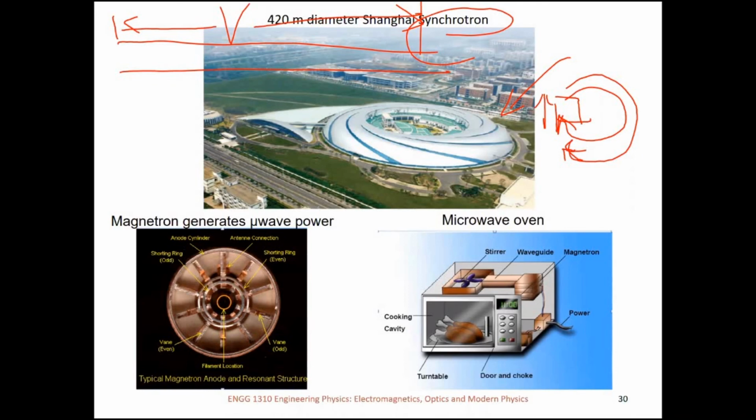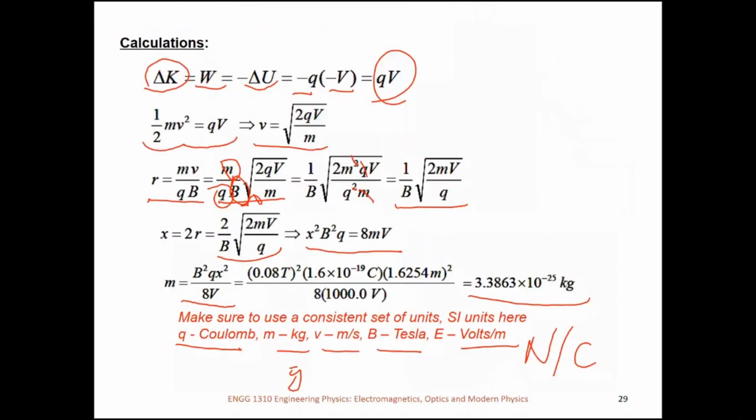Someone is asking, can we skip the fourth line? What do you mean by the fourth line? Because you will get the formula, basically m equals B squared. Are you talking about here? Oh yeah, you can skip the fourth line.